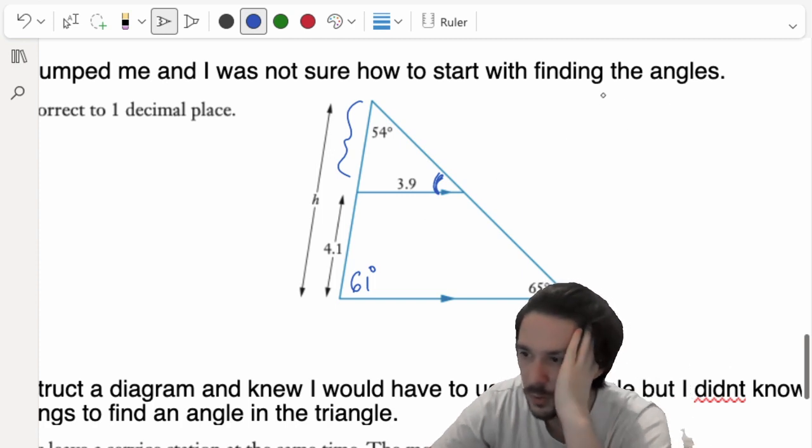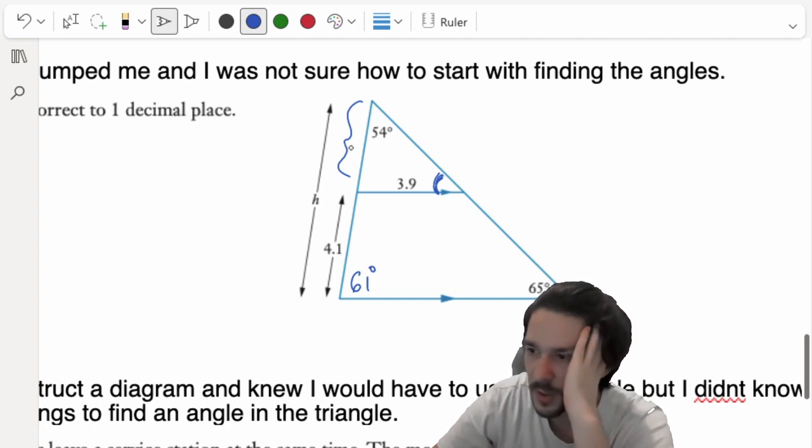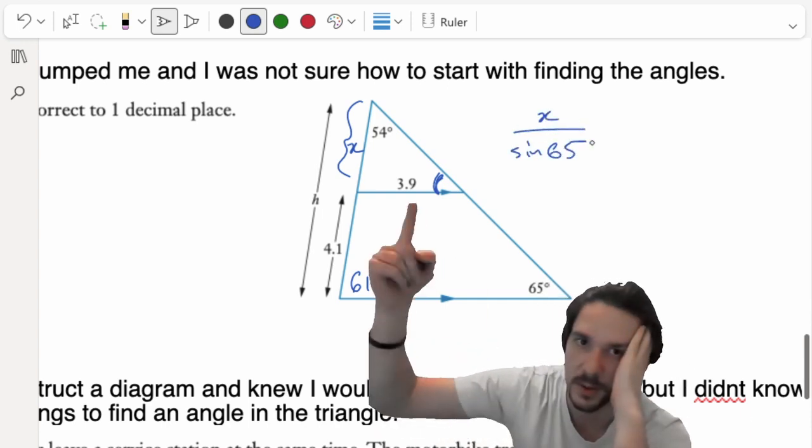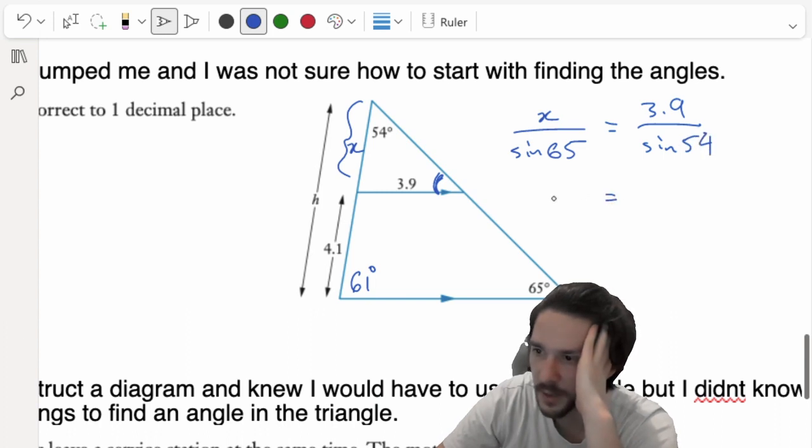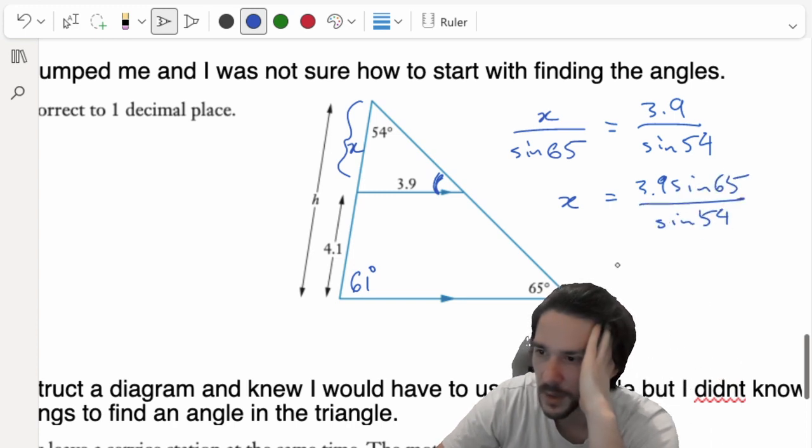So let's call this x. So x over sine 65, corresponding angles, is going to be equal to 3.9 over sine 54. In other words, x equals 3.9 sine 65 over sine 54.